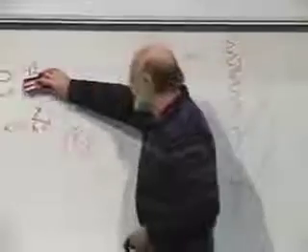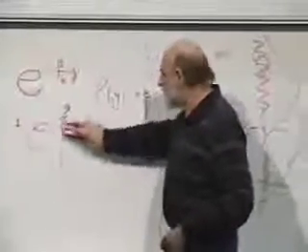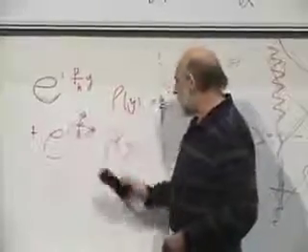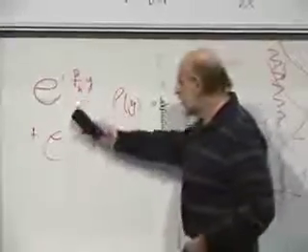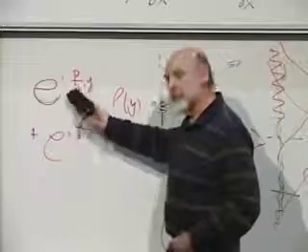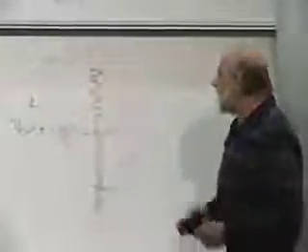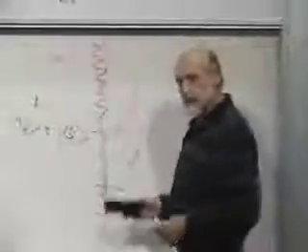Either one of these, if you were to square them, you would not see the oscillation. But when you add them together and square it, then you see the beats between these two things. So one by itself, you see no interference pattern.